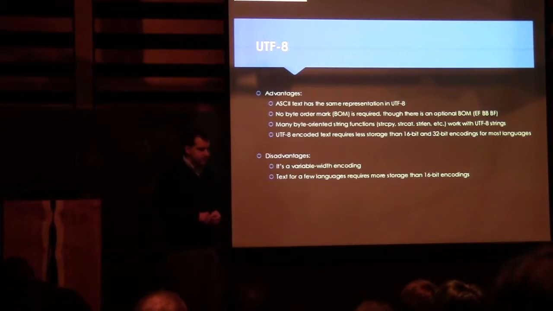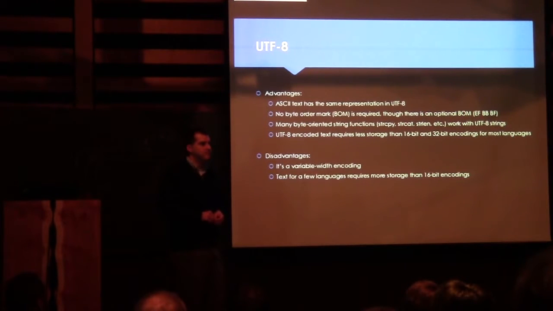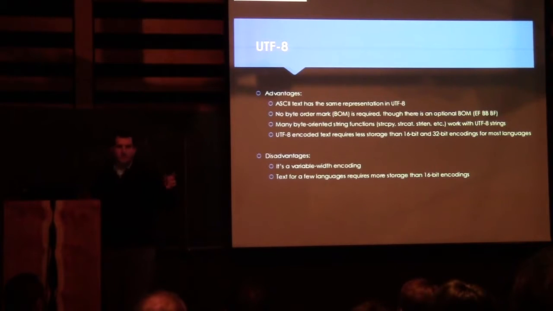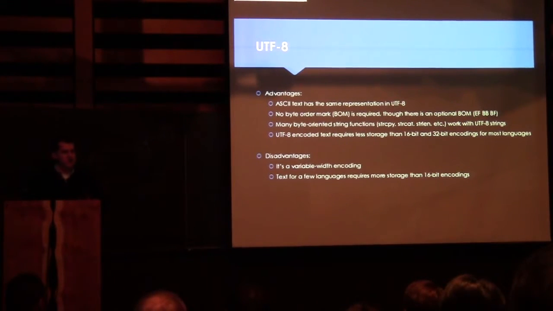You mentioned that the byte-oriented string functions still work because they have single byte code units, but really it's because there's no embedded 0 code units. Sure. So the point was that the byte-oriented string functions, like strcpy, for example, work not only because we have a basic code unit of a single byte, but also because there are no embedded nulls.